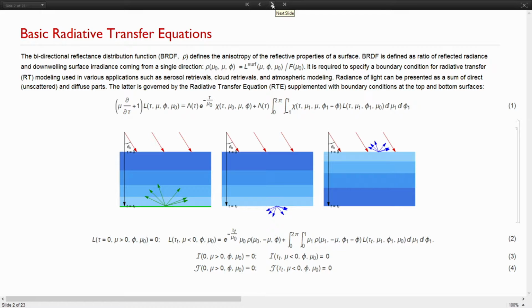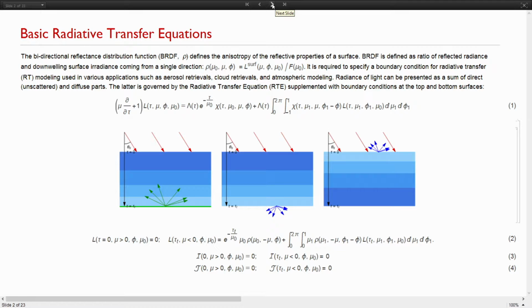And I will consider three different boundary value problems. The first problem is schematically depicted in the left figure. The atmosphere is illuminated from its top, and at the bottom we have a reflecting surface, which is described with BRDF rho. In this case, boundary conditions are given with equations 2.